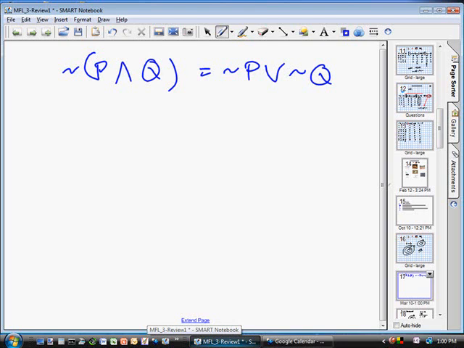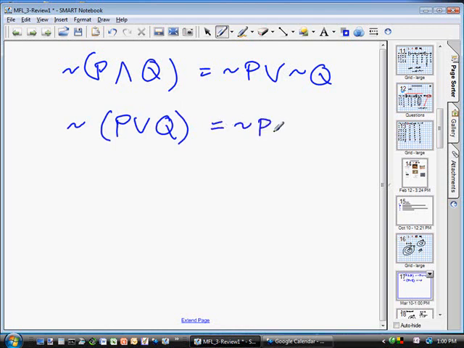What's the negation of P or Q? And of course, you notice this thing had to be reversed in both cases, right?